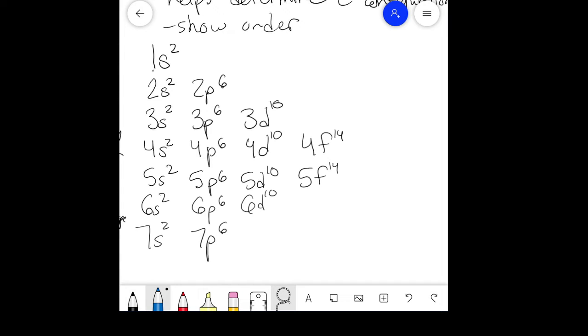When you do this rule of diagonals, as the title states, you're going to go by the diagonals. You're not going to go left to right like you're reading. So down this pyramid shape, you're going to follow the little arrows. When you're doing your electron configuration, this is the order that the arrows are going in that you're going to write your electrons in.